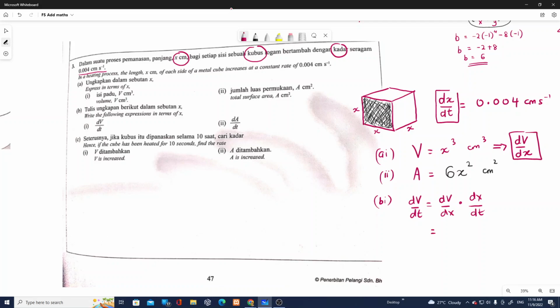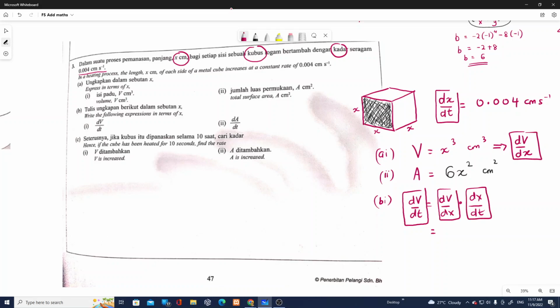So, what is dV per dx? Faiz, what is dV per dx? Now your chain rule is dV per dx times dx per dt, right?